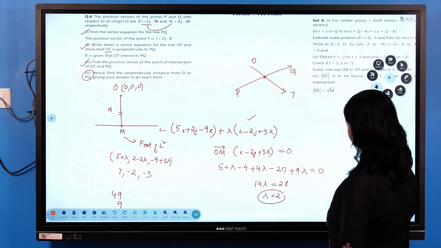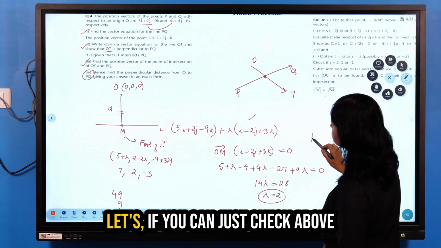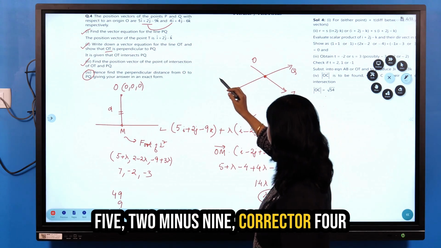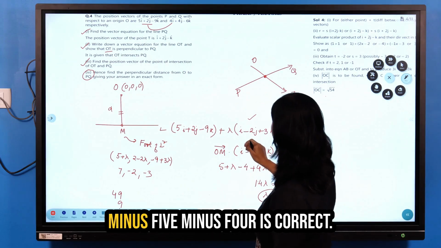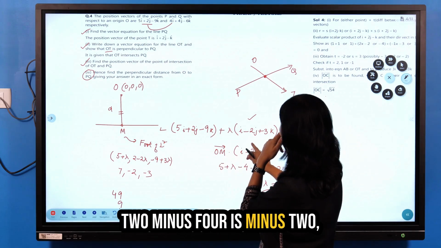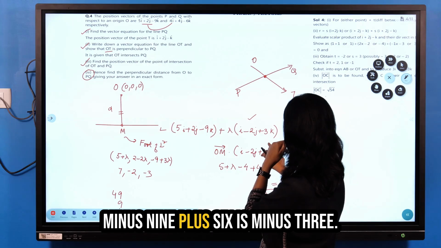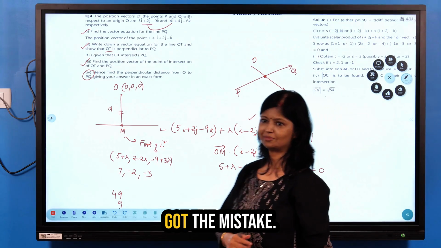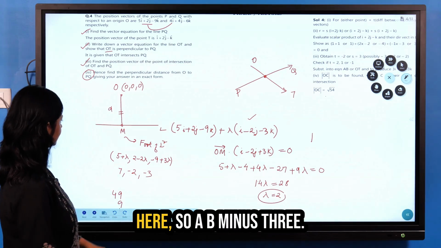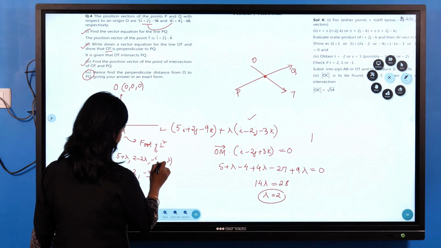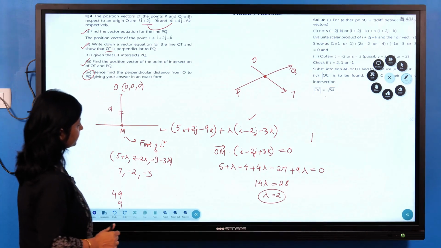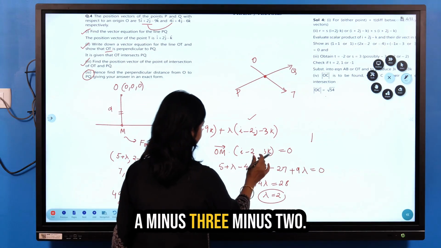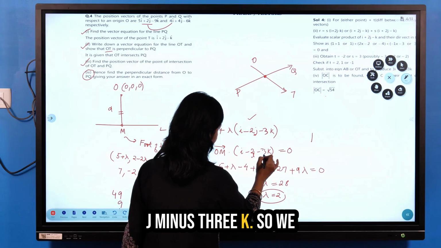Let's check once more: 5, 2, minus 9, this is correct. 4 minus 5 minus 4 is correct. 2 minus 4 is minus 2. Minus 9 plus 6 is minus 3. Okay, got the mistake, so it is minus 3 here. Minus 2j minus 3k.